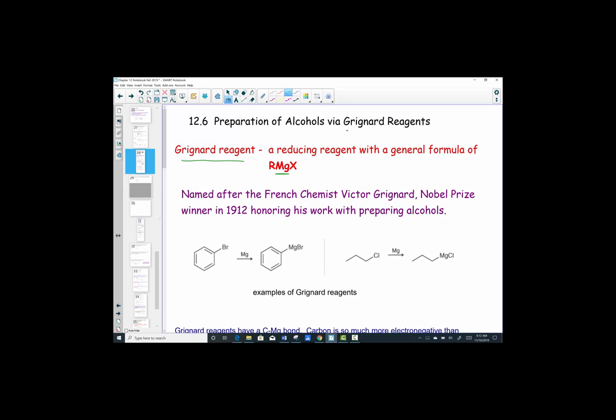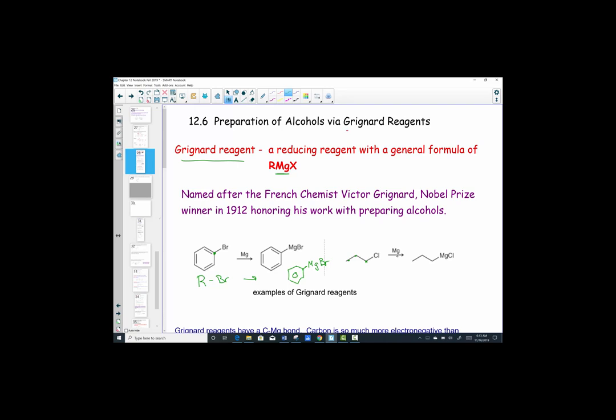His work focused on taking this carbon to bromine bond, which could really be any R group, this just happens to be a benzene ring, and introducing a magnesium to separate the carbon chain from the bromine, forming an ionic salt of magnesium bromide. For example, here we have propyl chloride.